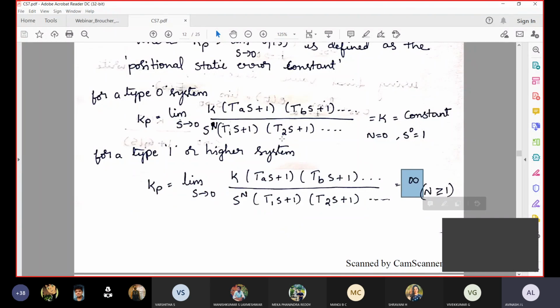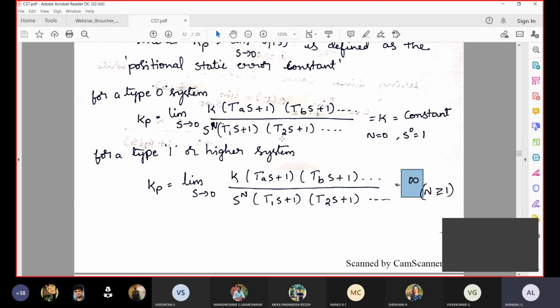That means wherever you apply the positional constant value, when n equal to 0 for the type 0 system, Kp will be equal to constant K. For type 1 and higher, type 1, type 2, type 3 and all, Kp will be equal to infinity.